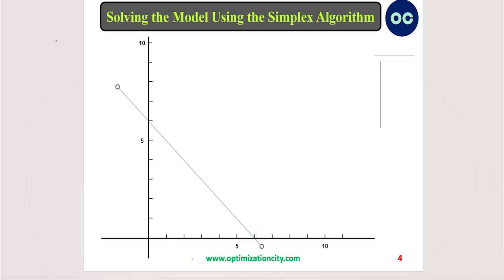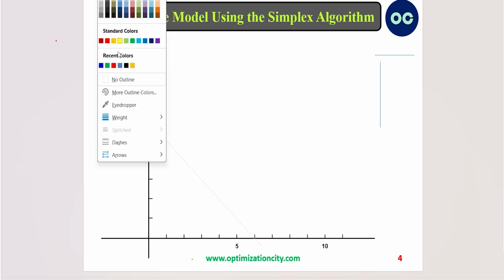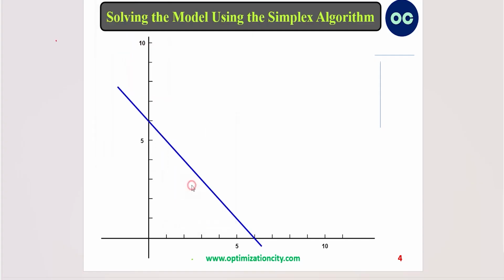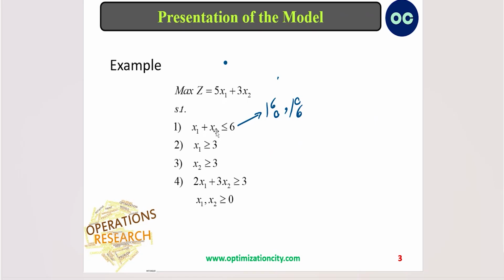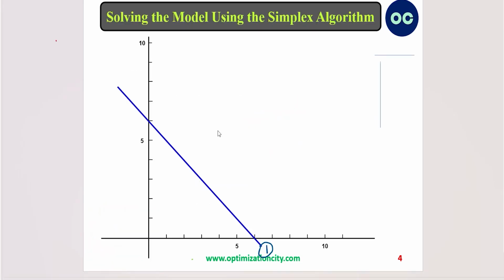This is the first constraint. Since the origin satisfies this constraint because 0 plus 0 is less than 6, the feasible region is below this line. So this is the feasible region.